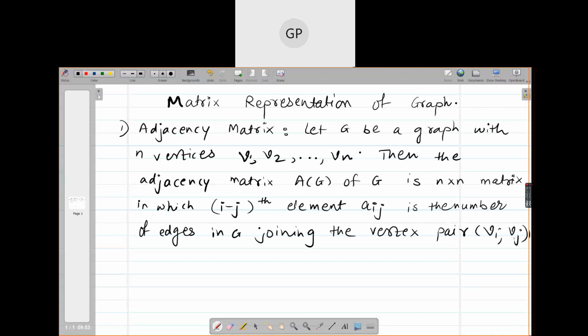Number of edges between the vertices. If there is any loop at a particular vertex, then that will be represented by 1. If one loop is there, number 1. If there are two loops, number 2. Okay, likewise. Have you understood this definition?